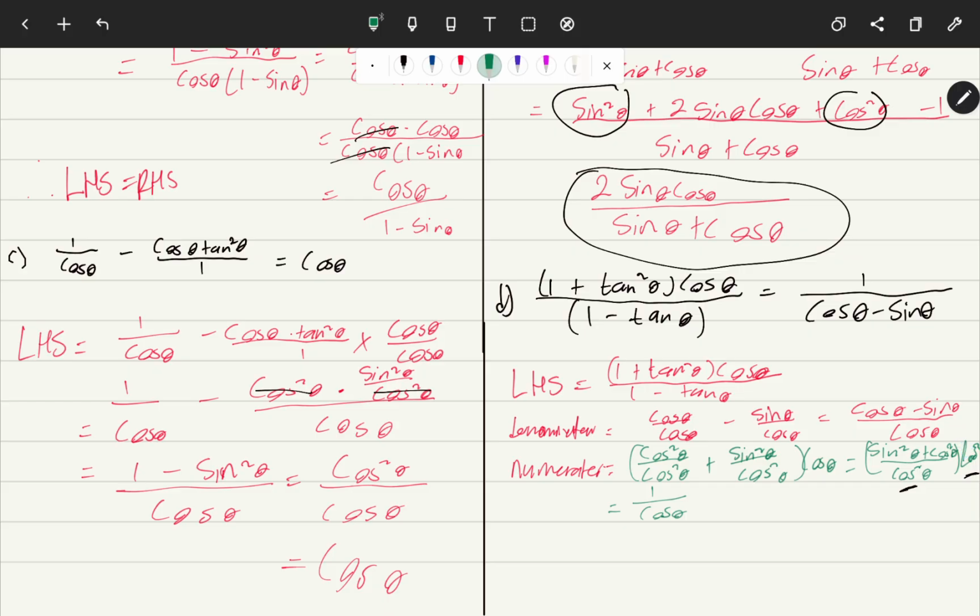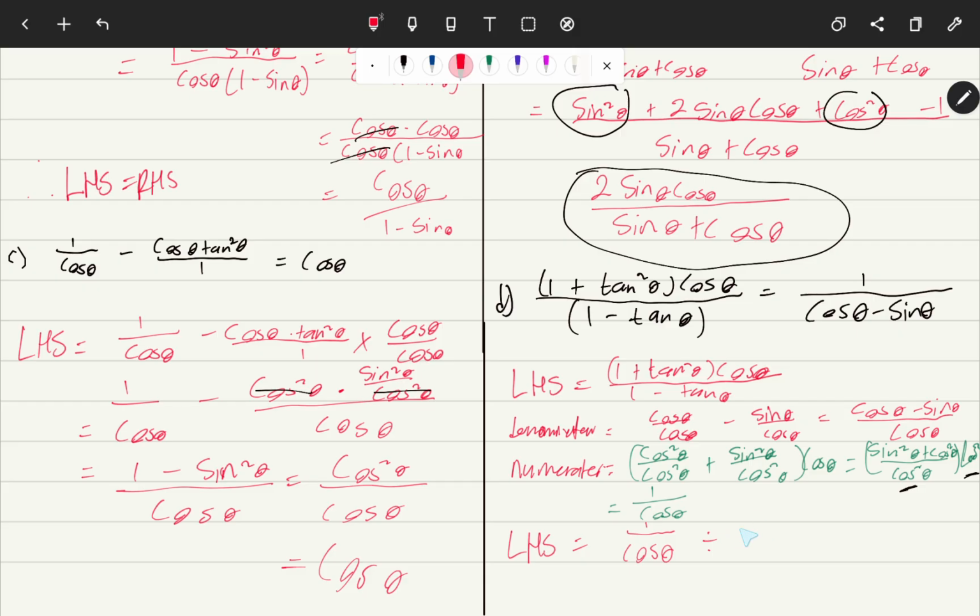Yeah, so then I'll say left hand side. Let me go with the red color. Left hand side is equal to, of course, my numerators, which is 1 over cos theta, and then divided by my denominators, which is what?